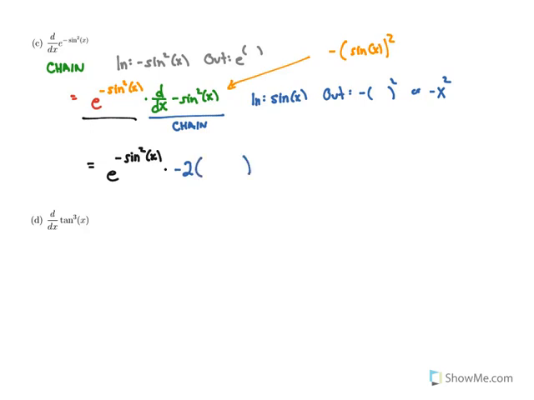We're going to leave the inside function alone, and we're going to multiply by the derivative of the inside function. So we're almost done here. This is going to be e to the negative sine squared x times negative 2 sine of x times the derivative of sine, which is cosine.